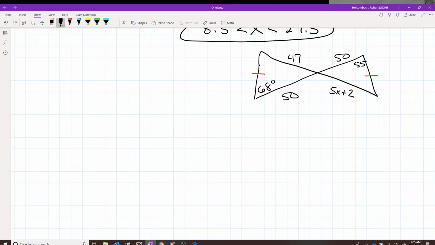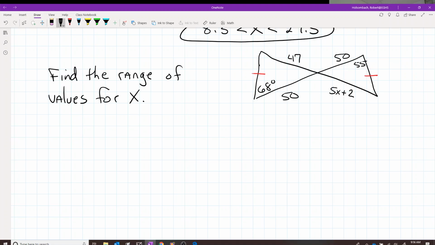And you're asked again, find the range of values for x. When you see this range of values in a question, you have to think compound inequality. You've got to think my answer has to look like this: my x has to be greater than something and my x has to be less than something.